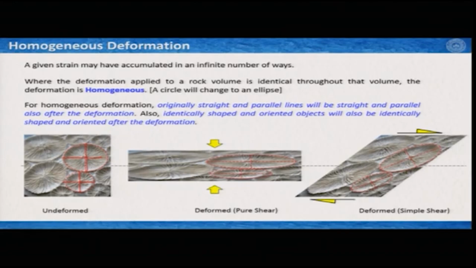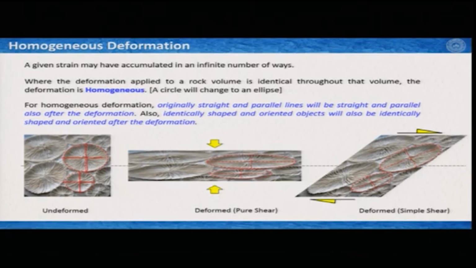Now I compressed this using a computer program, and then I see that it was deformed, keeping the volume of this area constant. So it is a volume constant deformation, and the question is whether it is a homogeneous deformation or not.